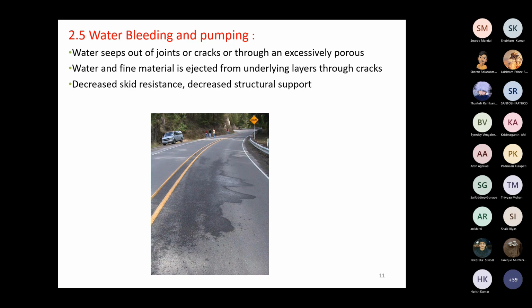Along with the water, some fine particles can also come out, either from the subgrade or from the mixes. That's called pumping. This will decrease the skid resistance, and also decrease the structural support.